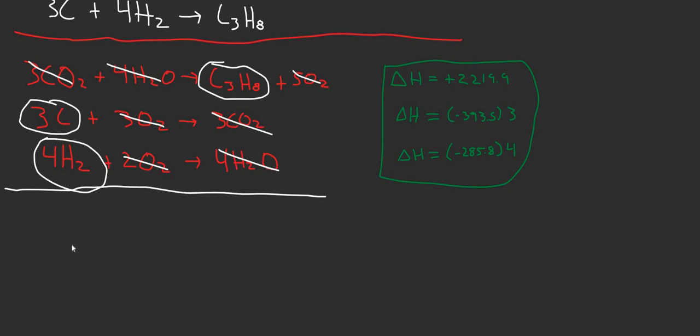So we'll take that 2,219.9 and we're going to add that to 3 times negative 393.5, and we're going to add that to 4 times negative 285.8.